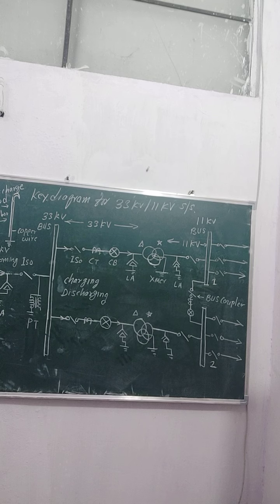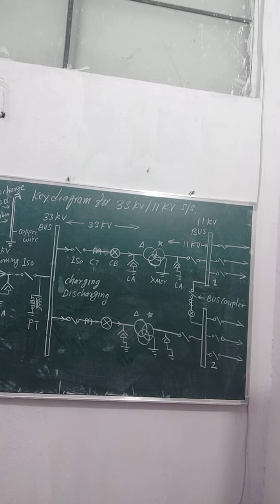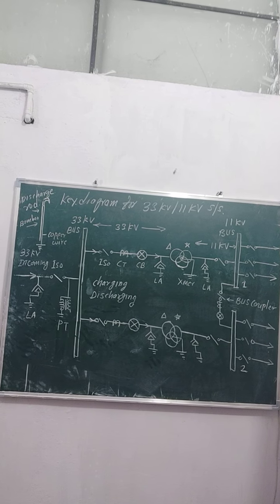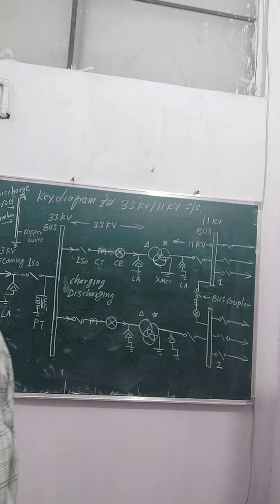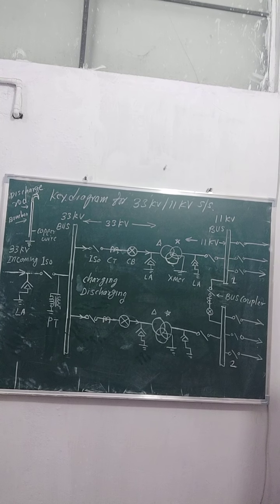Similar to this PT, you can put a PT on the second or first bus bar to measure the outgoing voltage. So this is all about the 33 by 11 kV substation key diagram.